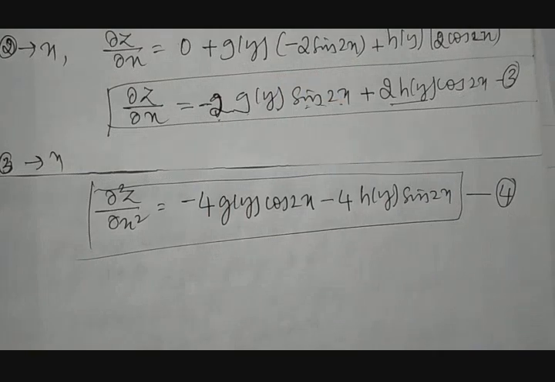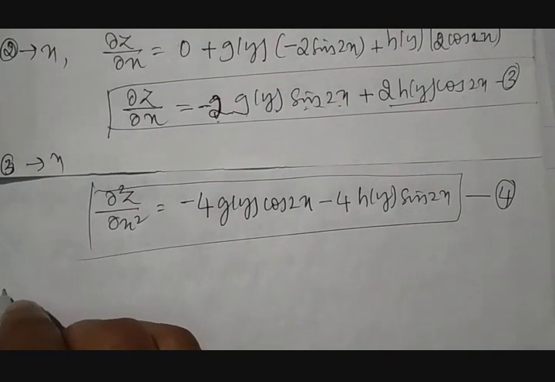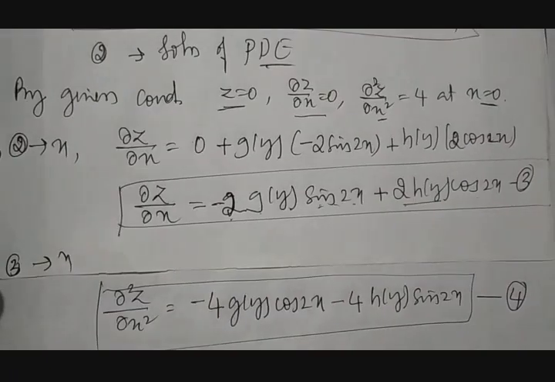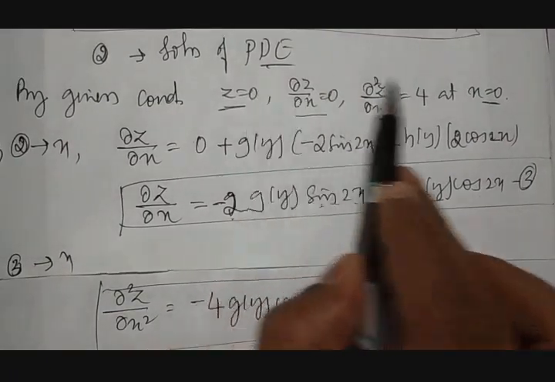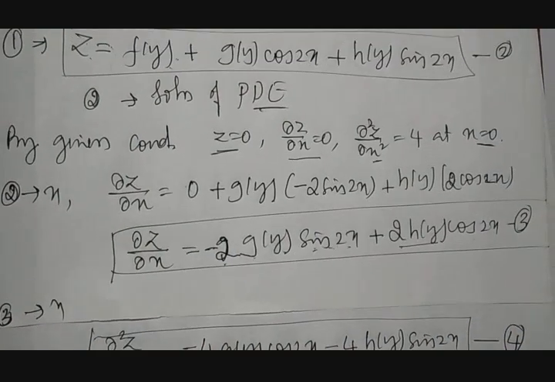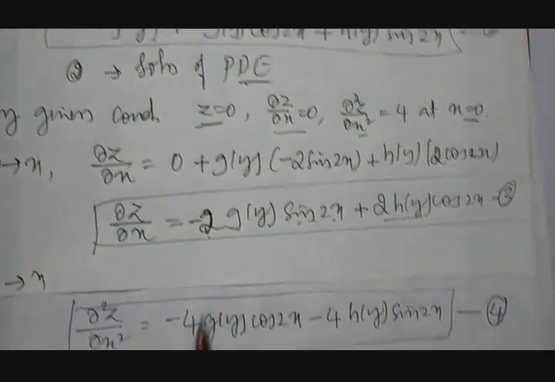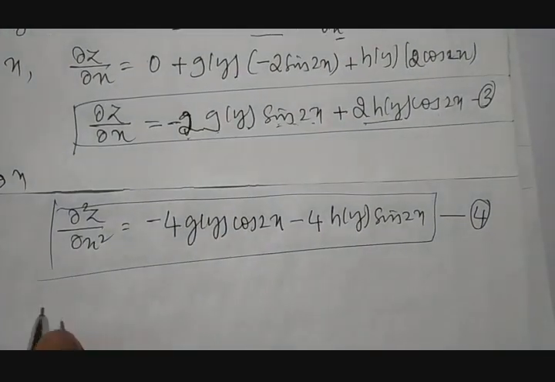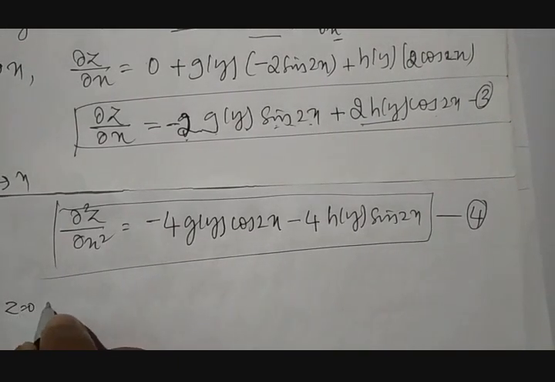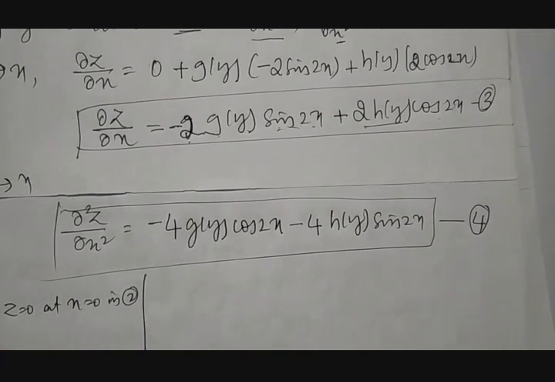Fine. Then what to do? Let us substitute the conditions. Put the first condition, z equal to 0 at x equal to 0, in equation number 2, the z and x values.